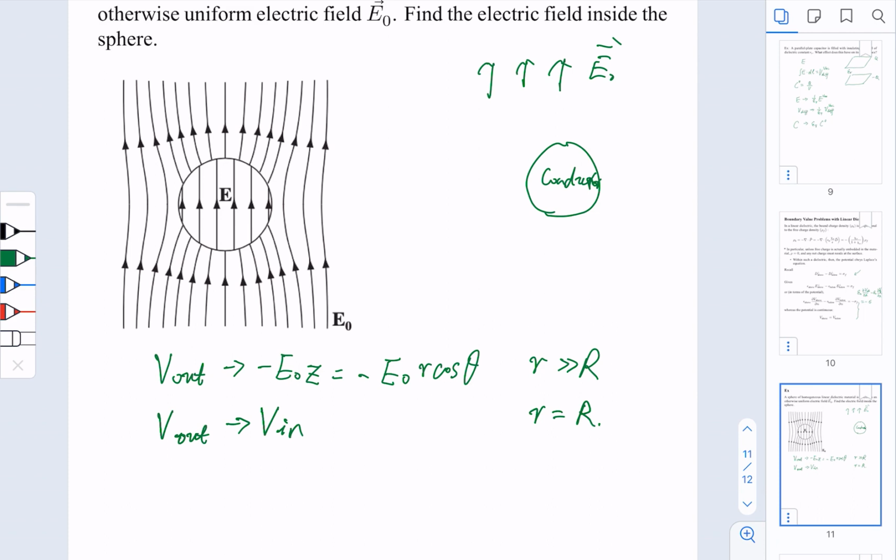And then there is also another boundary condition that I just mentioned, which is the derivative difference of the two.